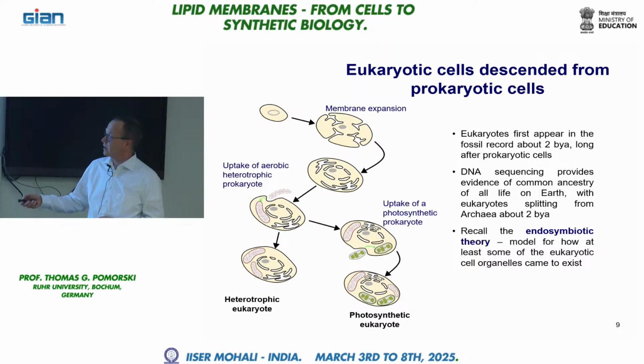So from the original cell that was an organism using only organic substances, you now had a heterotrophic eukaryote that was able to produce ATP from organic substance by the use of oxygen, and you would here have a photosynthetic organism that would be able to produce ATP by the use of light.